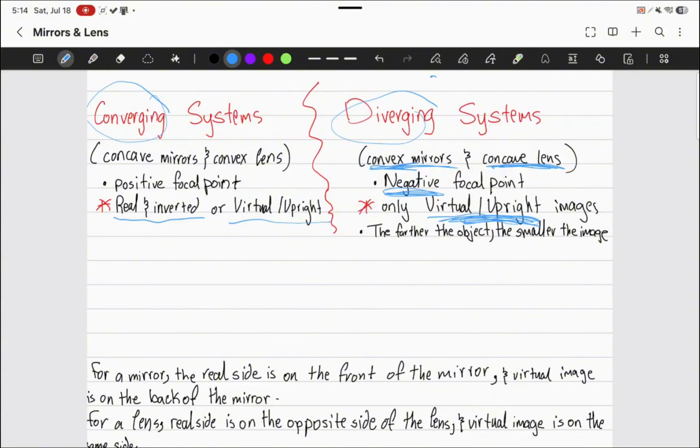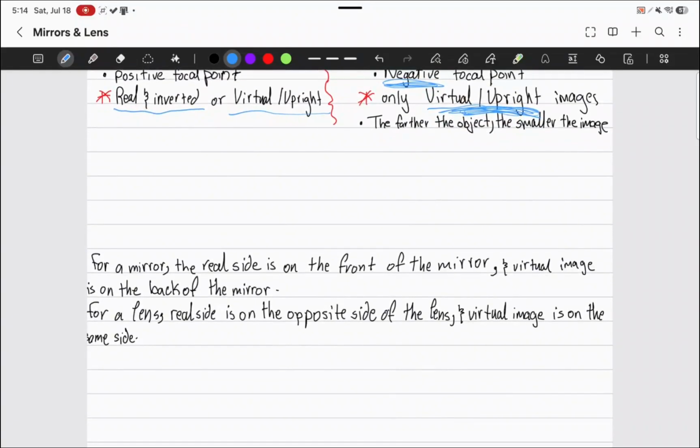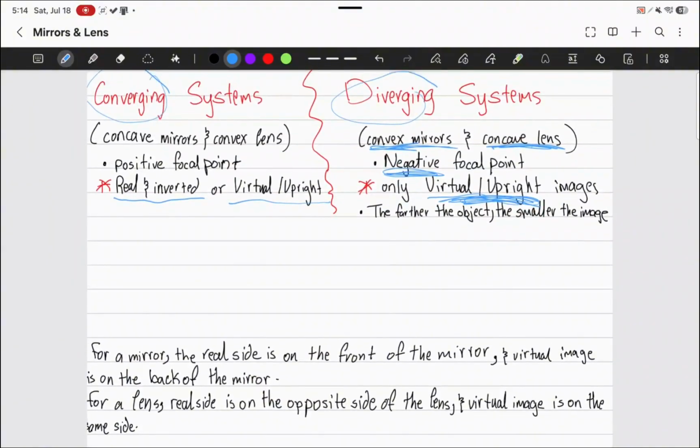The best way to understand this is to look at examples and websites. And I've linked a website in the description that goes over the distance between objects and how the image would change. And this includes converging and diverging mirrors and lenses.